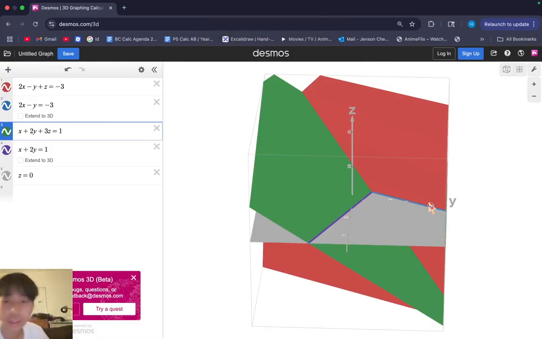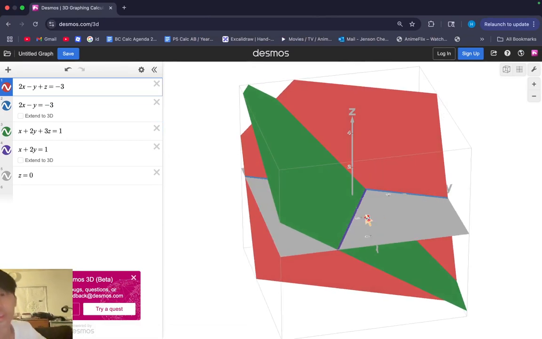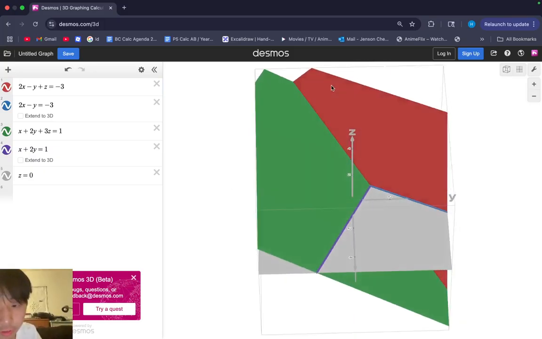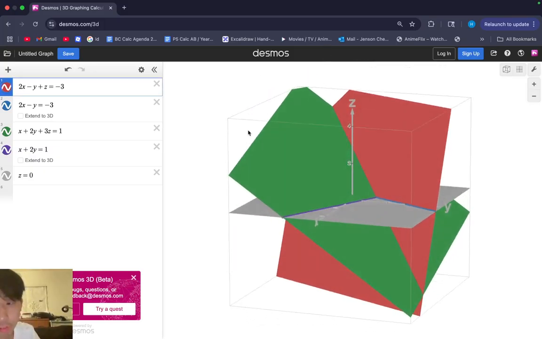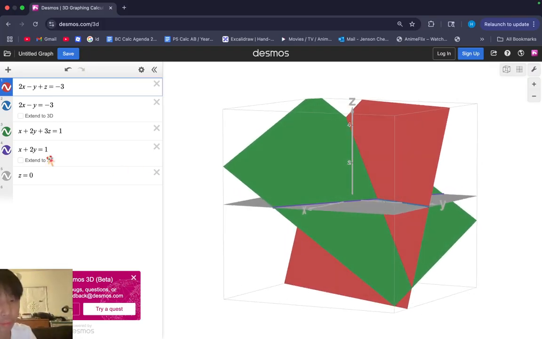Alright, now that we're on Desmos, you can see the color thingy on here. So this is what it looks like from how I drew it earlier, the x and y view. So this is what the planes look like, and this is what the lines look like. And look at here, this is the intersection line right here, right?